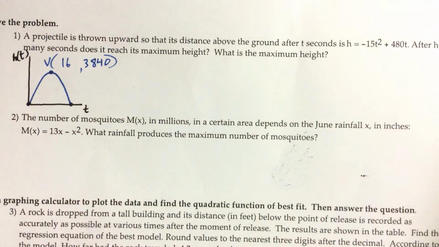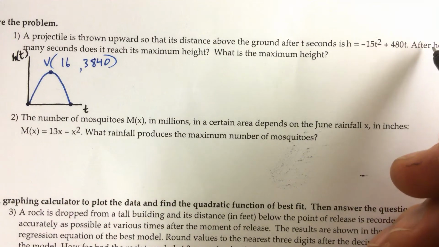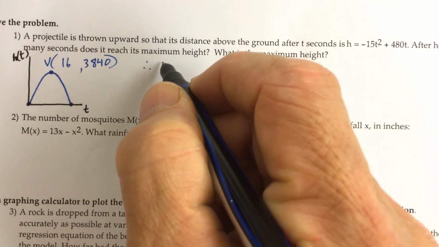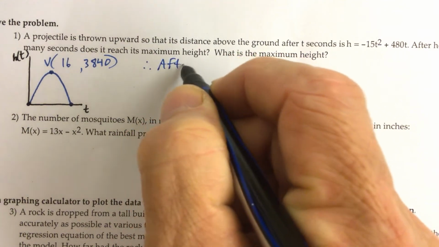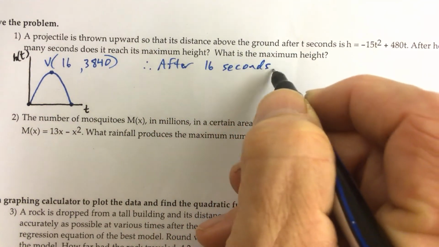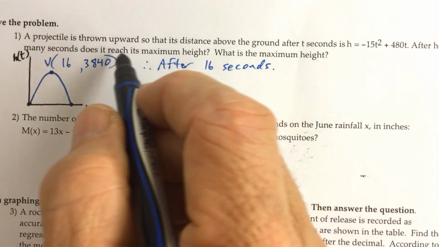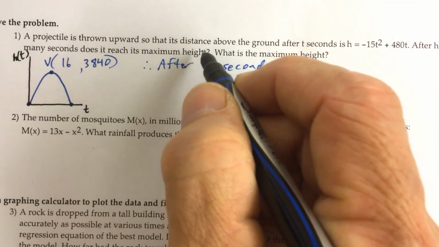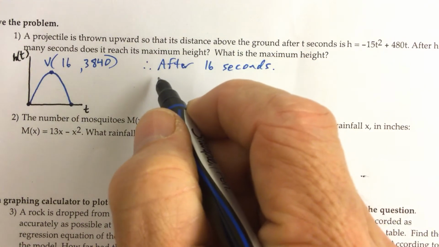3,840. Now we can answer the question. After how many seconds does it reach its maximum height? After 16 seconds, because the number of seconds it takes to reach its maximum height is the x-coordinate of the vertex. And the other part is, what is the max height?